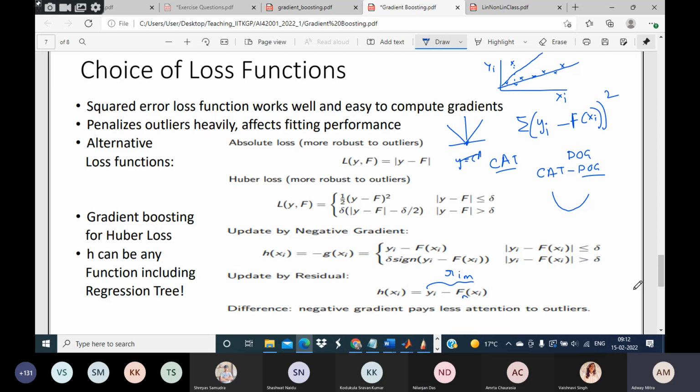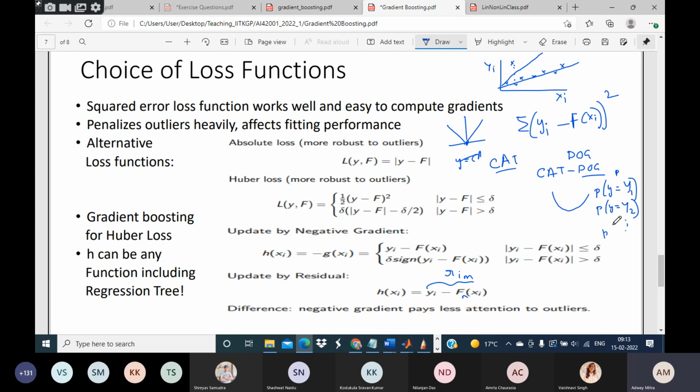So basically, instead of predicting the label cat or dog, what we will be predicting is the probabilities of the different labels. At every stage, I will be predicting what is the probability that y is equal to y1, where y1 is the first label in the label space. What is the probability that y is equal to y2 and so on?